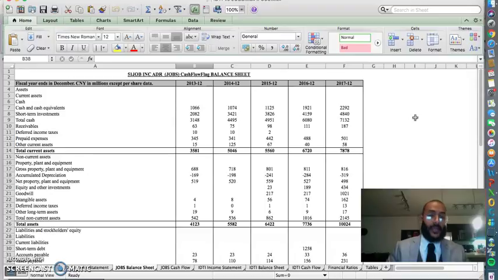As we can see, it improved and developed its current assets from 3,581 to 7,878.